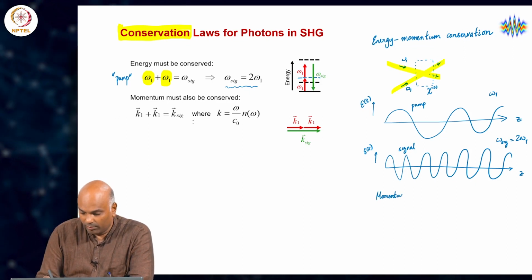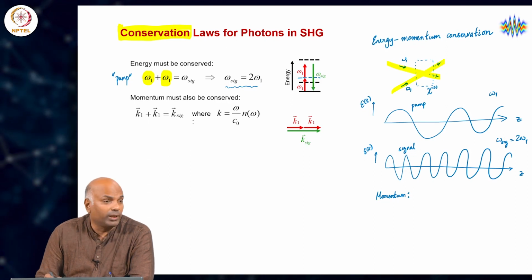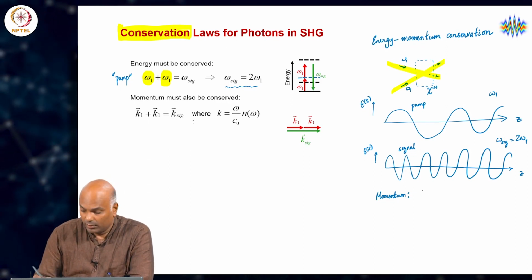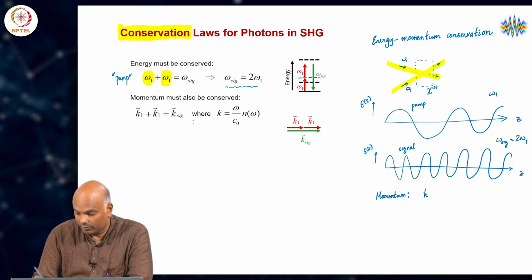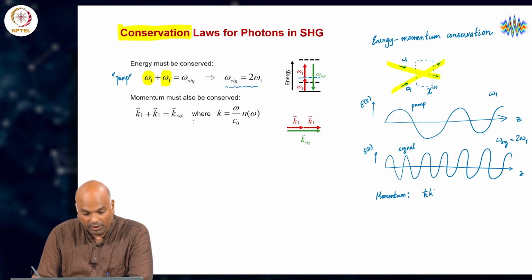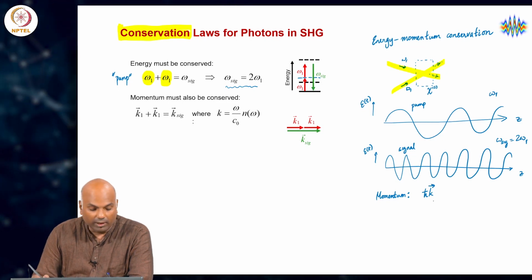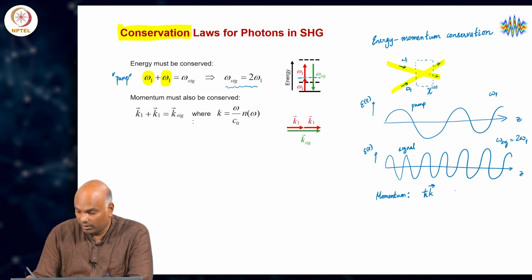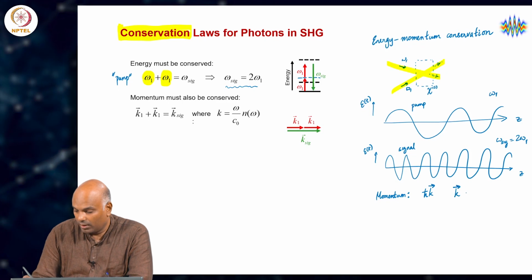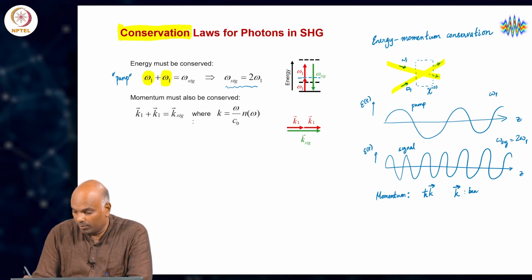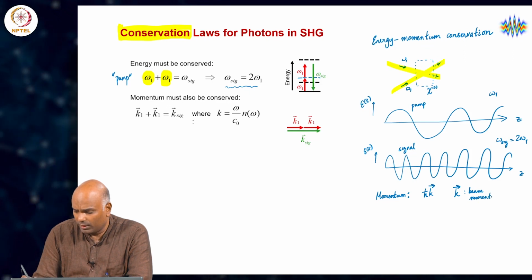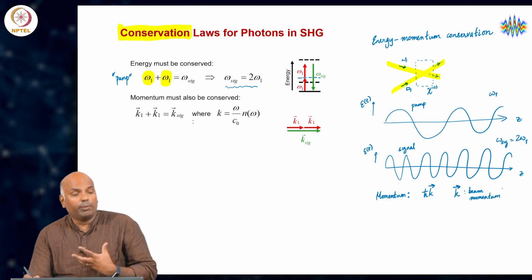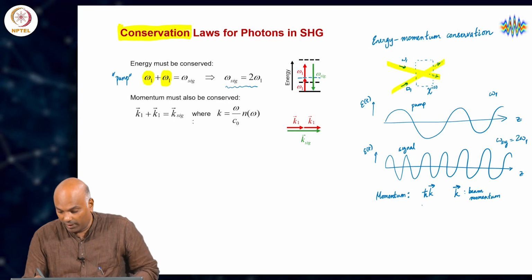So, the momentum of an electromagnetic wave, and of each photon essentially, is h bar times k, right. In other words, k is the beam momentum, whereas h bar k is the momentum of a single quantum of light.